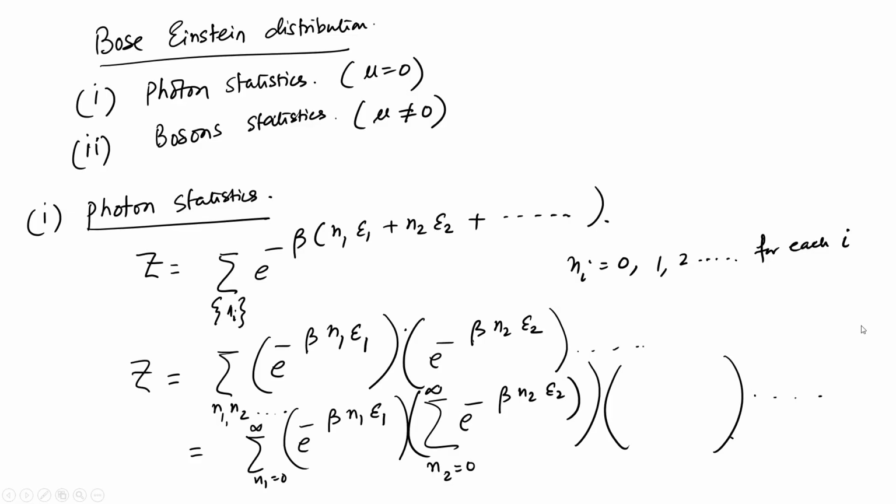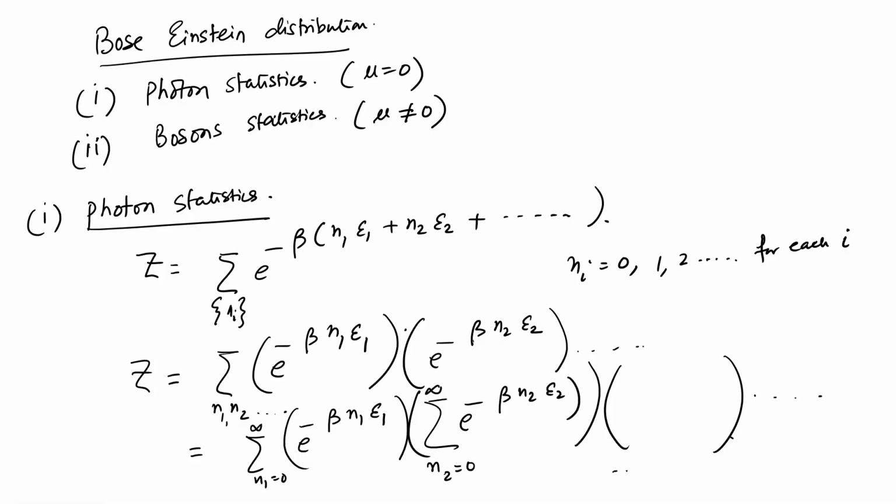Okay. So, each term, if you see, is a GP series. Each of the brackets that you see here is a GP series with the first term as 1, and the common ratio between the two is exponential minus beta epsilon I. Okay. Because between two successive terms, there is exponential minus beta epsilon I.